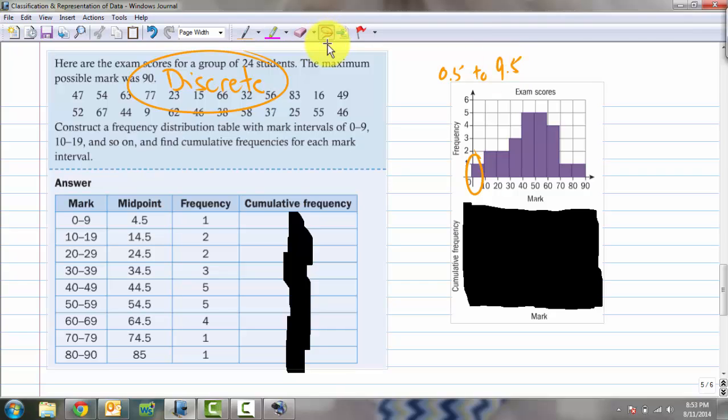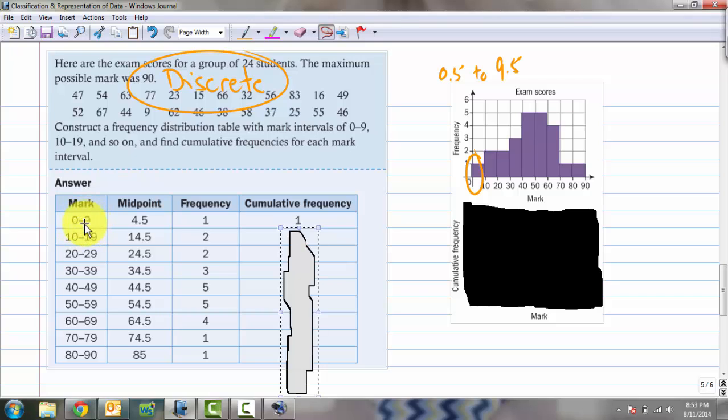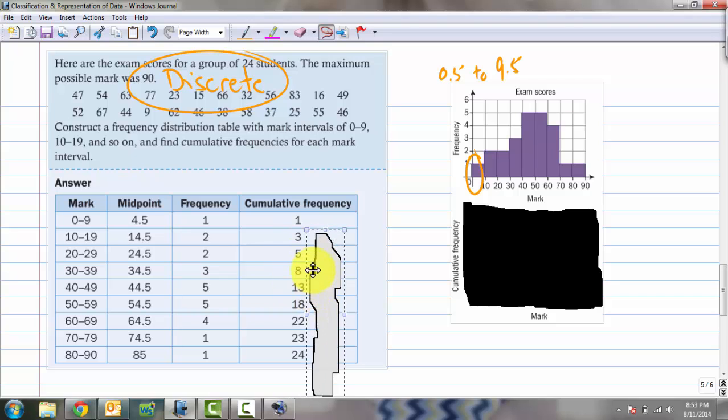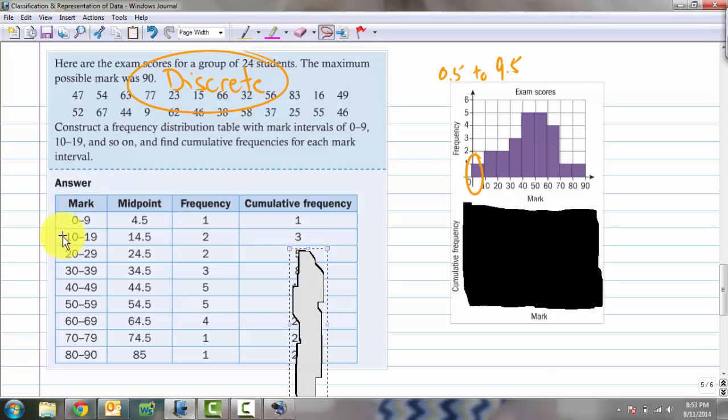So what's the deal with this cumulative frequency thing? Well, what it does is it counts the number of things that are less than or equal to that group. So there is one item that is less than or equal to 9. But there are 3 items that are this group or smaller, because there was one already and we added 2 more on.